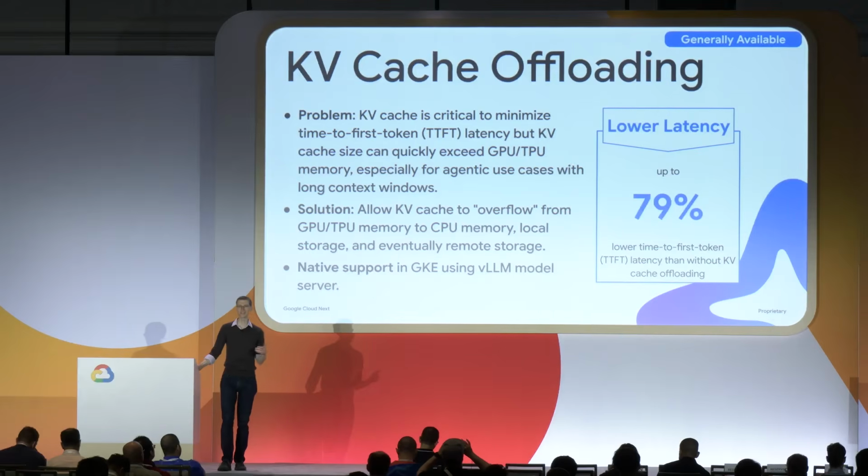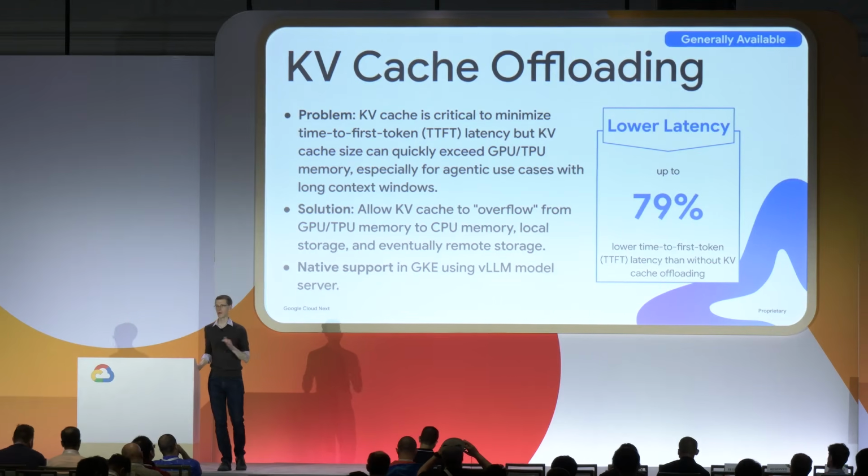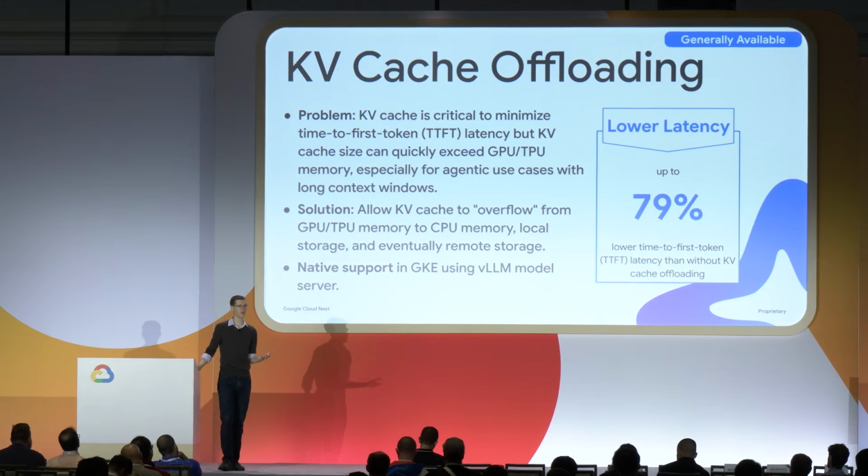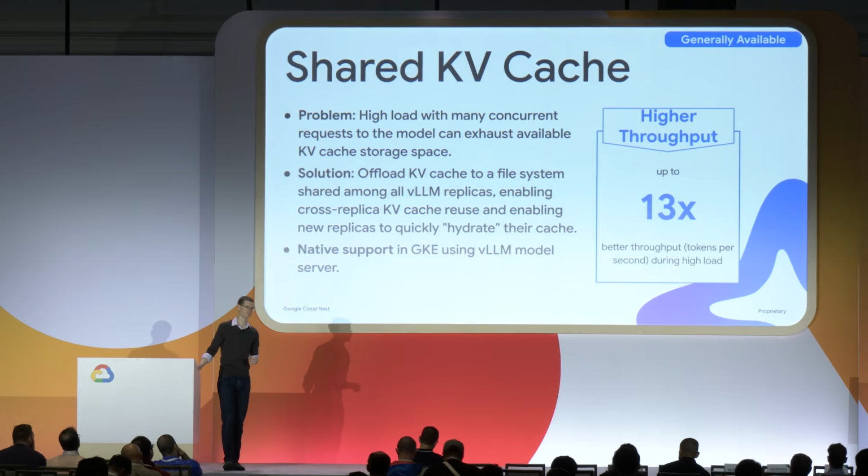And each of those provide you larger and larger tiers of storage with just slightly higher latency, but that allows you to get much higher cache hit rates, which are far, far, far cheaper and better than having to recompute using the accelerator itself. This is all open source, integrated with vLLM, such that you can easily take advantage of these innovations without needing to implement any of it yourself, relying upon open source vLLM as your model server.